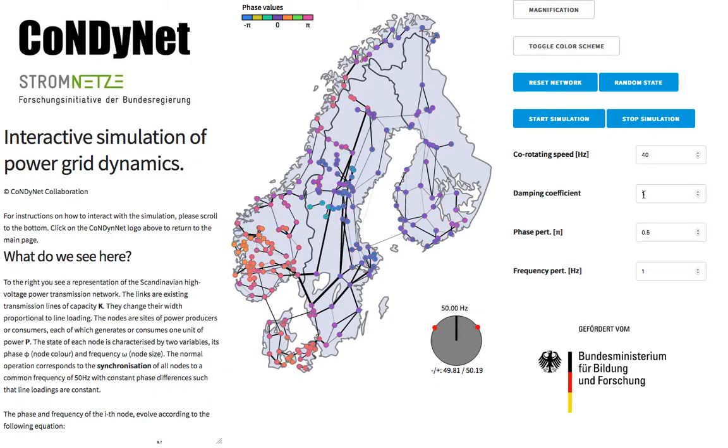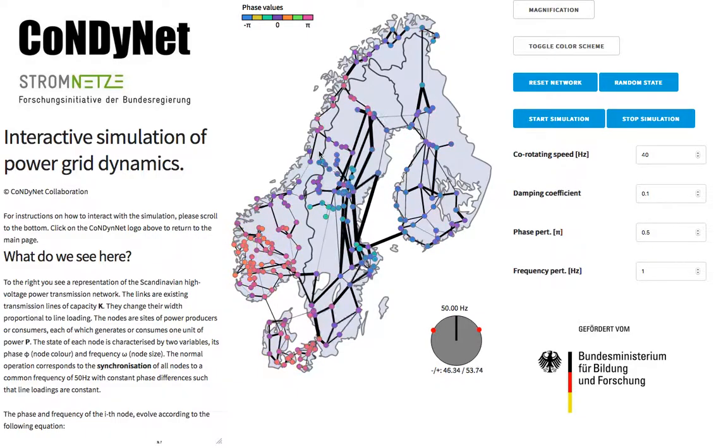If I reduce the amount of damping in the system, that is the amount of energy available to control these fluctuations, we can see rather dramatic effects. The fluctuations in the power flows spread through the network, and bit by bit they destroy the stable wave that transports energy through the network.